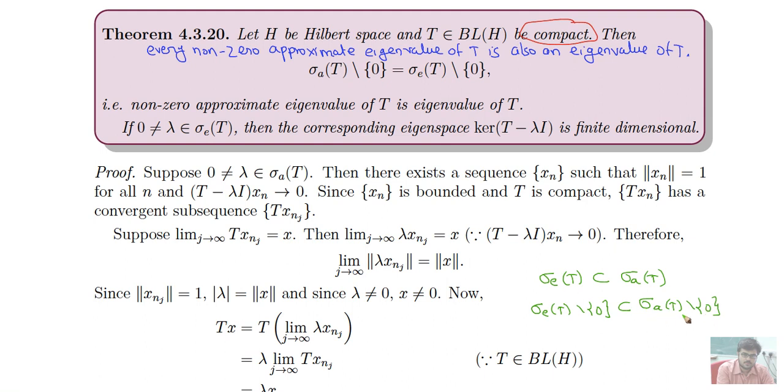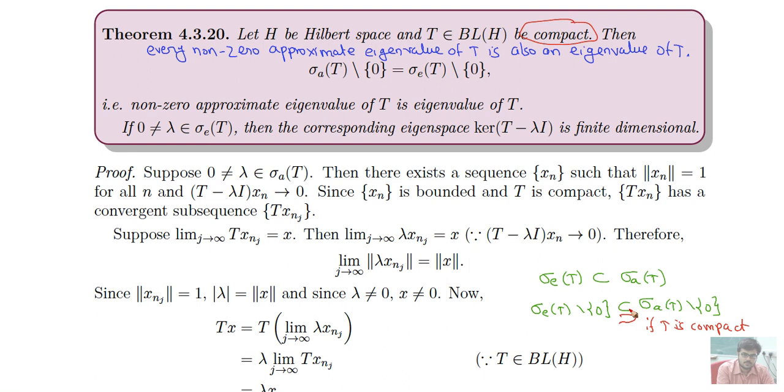So this is the set of all non-zero approximate eigenvalues, with 0 removed. It says that it is also an eigenvalue of T. So this is a subset of this if T is compact. This is what the result says. So if T is compact, then every non-zero approximate eigenvalue is also an eigenvalue of T. In fact, we have equality here.